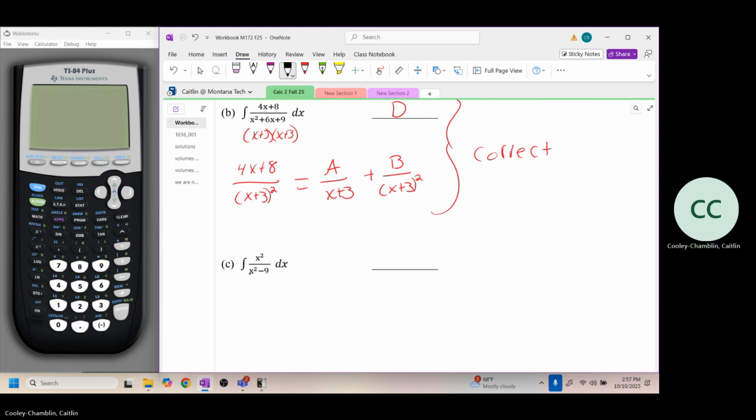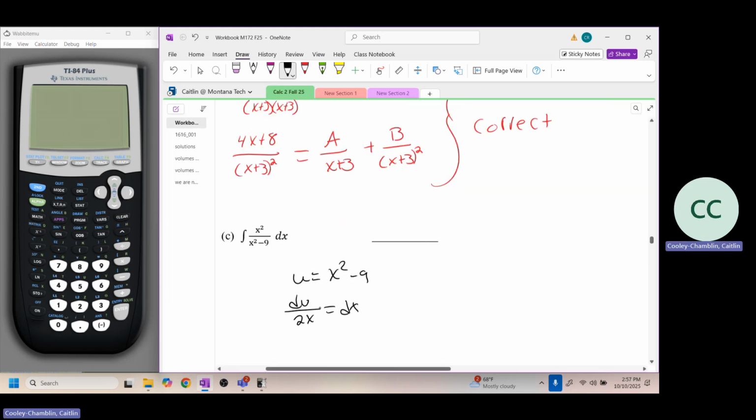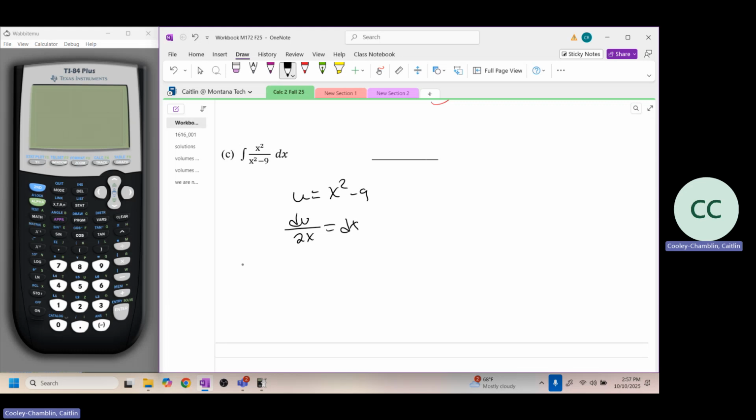Here, again, U sub. I'll do it just because I know people will say it has to be U sub. Du over 2x equals dx. If I substitute this, so I have the integral of x squared over x squared minus 9 du. Oh, that should have been a u.